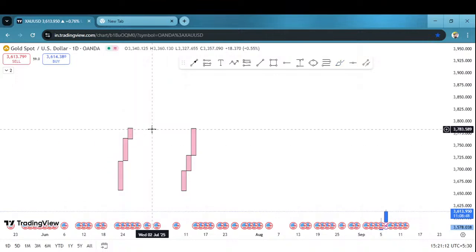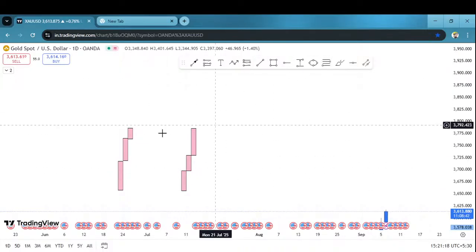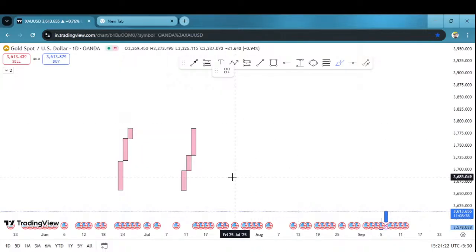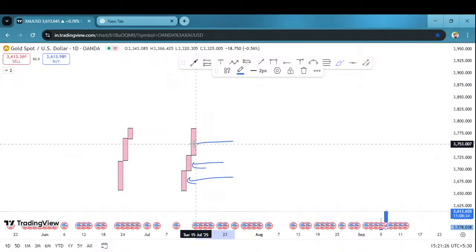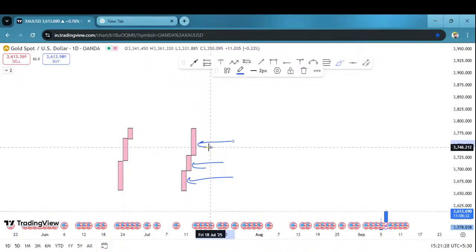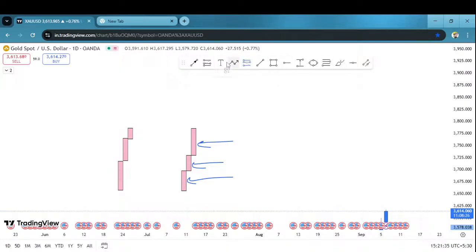So that's how you should identify the volume and the trend. And if you see the second type of structure, the volume here, the volume here, the volume here, it's kind of the same or a bit increasing. So you can wait for a retracement in a smaller time frame.